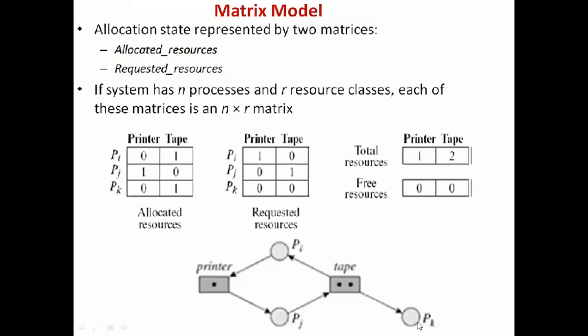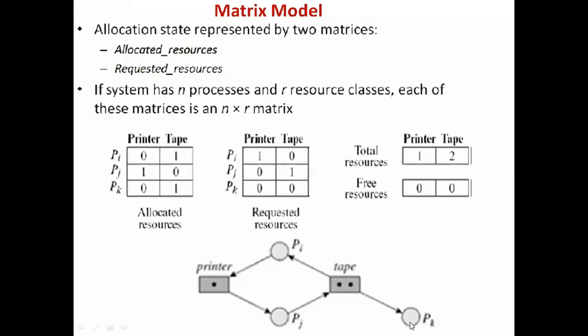And the last process PK is not requesting for any kind of resource. Hence, for the printer and for the tape drive, you can enter the value 0 here and one more 0 here. Why? Because this process PK, as you can see here, is not requesting for any resource as such, neither the tape nor the printer.